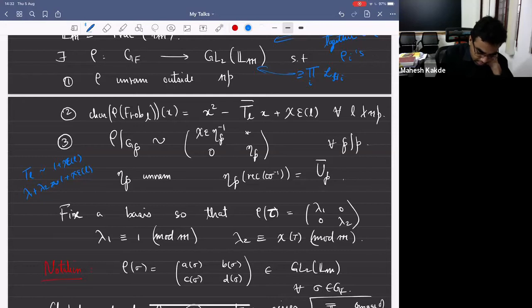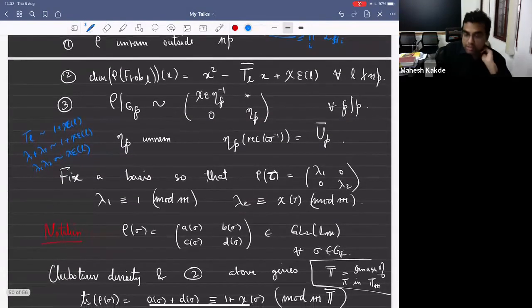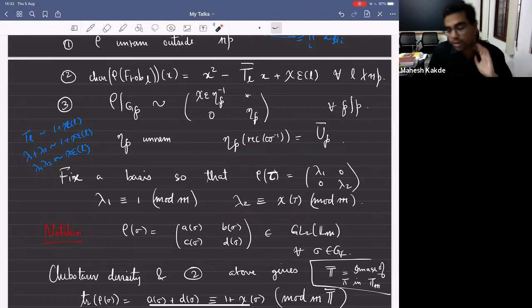That's why I'll write tilde here. And then lambda 1, lambda 2 will be chi epsilon, this kind of thing. And so using this property, you can get that lambda 1 is congruent to 1 mod m, and lambda 2 is congruent to chi epsilon of tau mod m, but epsilon of tau is just 1 mod m.